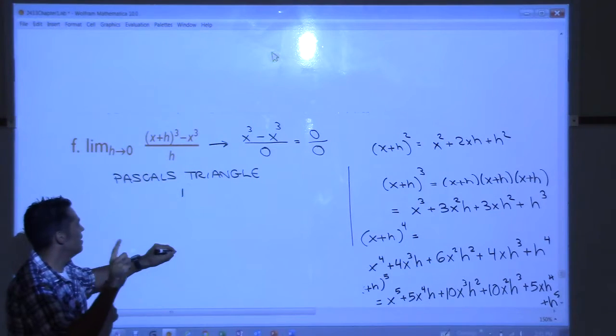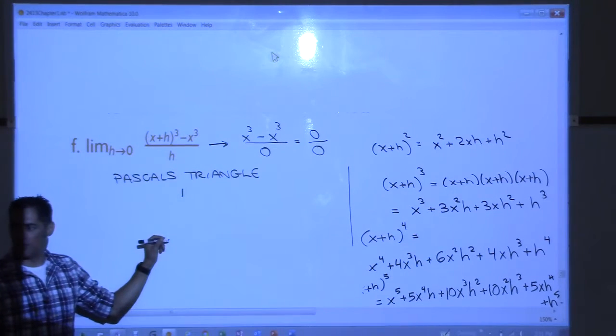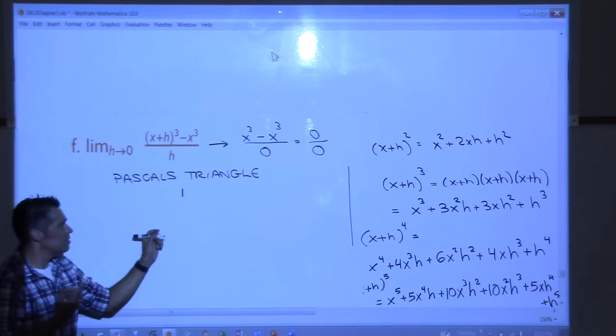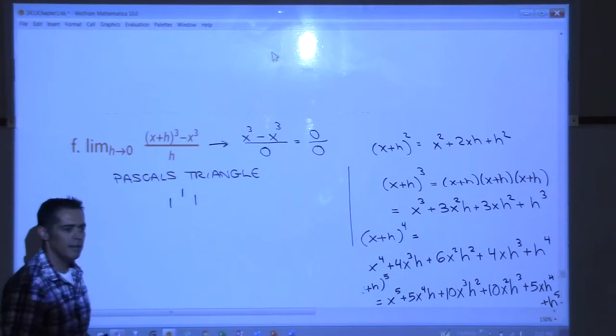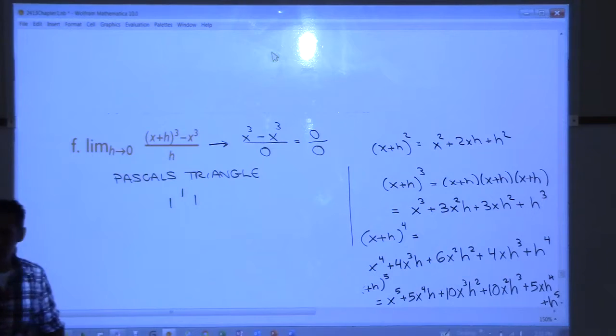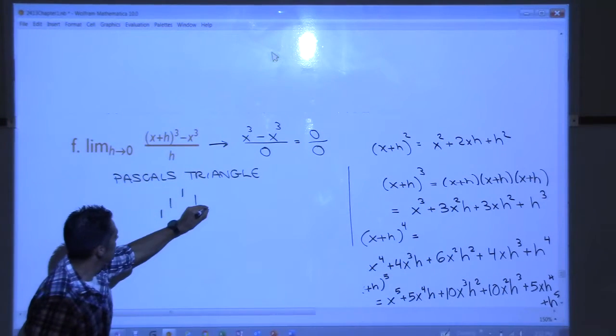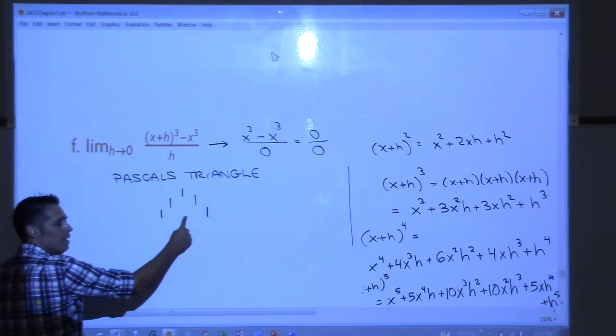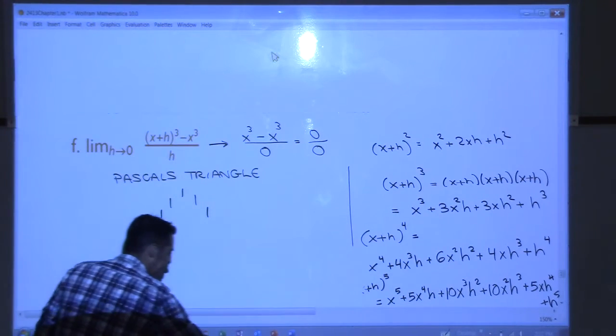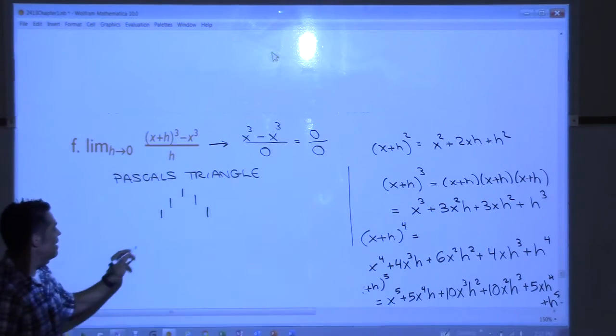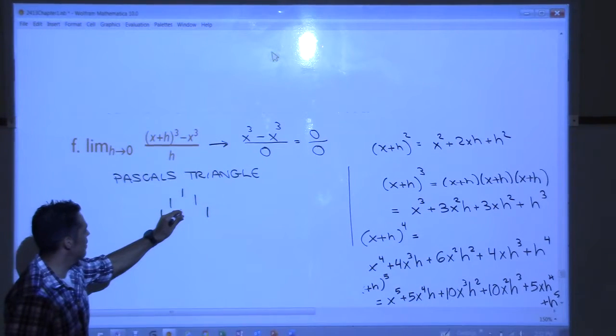The next row has to have 2 numbers, and the ends have to be ones. So 1, 1. The next row has to have how many numbers? 3 numbers, and the ends have to be ones. So the question is, how do we get the middle number? Let me not tell you where it comes from. Let me put it here first.